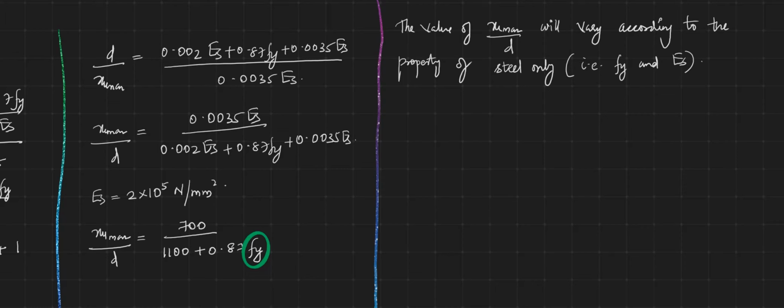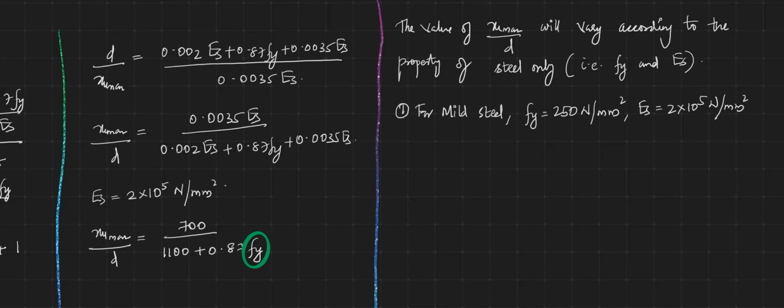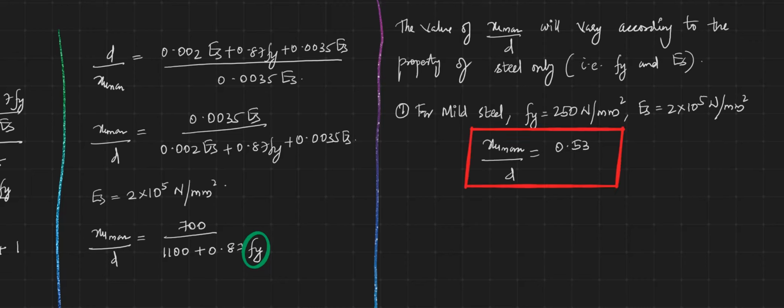So for mild steel, Fy is 250 Newton per mm square, and fixing Es as 2 into 10 raised to 5 Newton per mm square, substituting these values, I'll get XU max by d as 0.53.